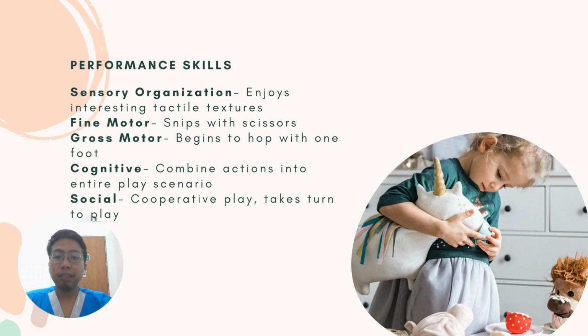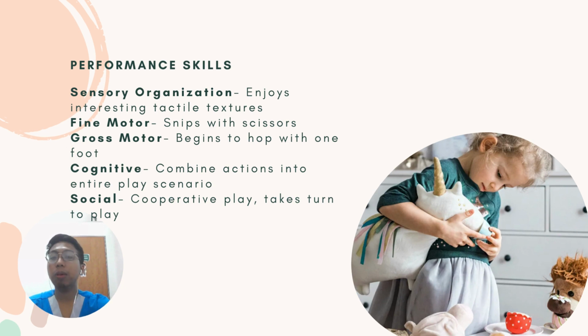And then for performance skills, we can see for sensory organization, they enjoy interesting tactile textures, as we discussed around 0 to 2 years, right? They enjoyed sensory pleasures around the sensory motor stage, but around pre-operational, it's becoming more intense, with interesting tactile textures such as slime, therapy putty, play-doh, anything with different textures when it comes to touching.